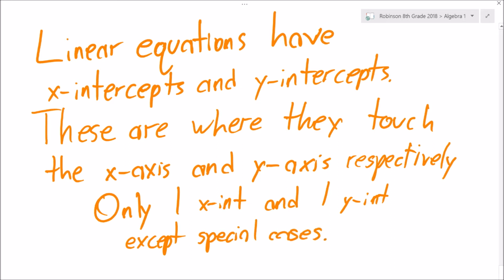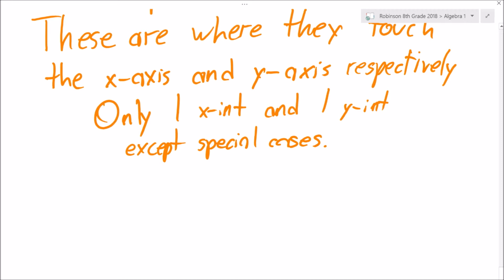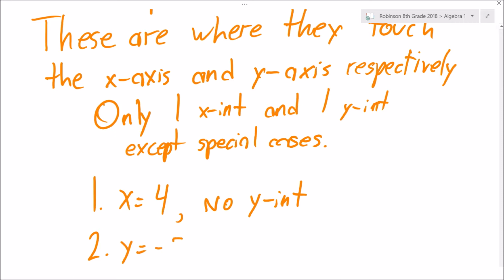Okay, here are those cases. If you have x equals a number, like x equals 4, then there is no y-intercept. If you have y equals a number, like y equals 3, there is no x-intercept.